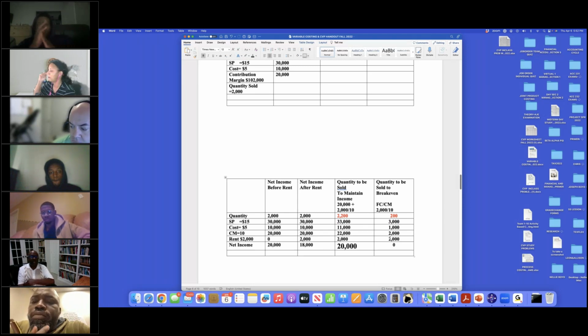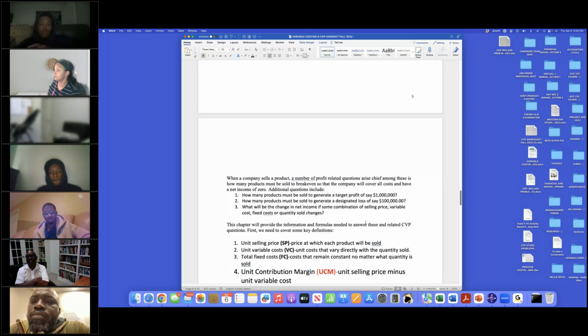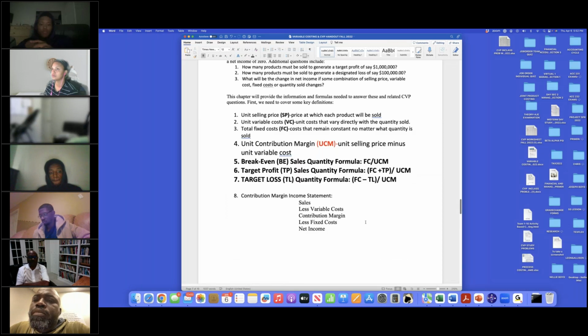So what you had to memorize and know how to use are formulas. You got these three formulas at 5, 6, and 7. There's the break-even sales quantity: fixed cost over unit contribution margin. There's the target profit sales quantity formula: fixed cost plus the target profit divided by unit contribution margin.